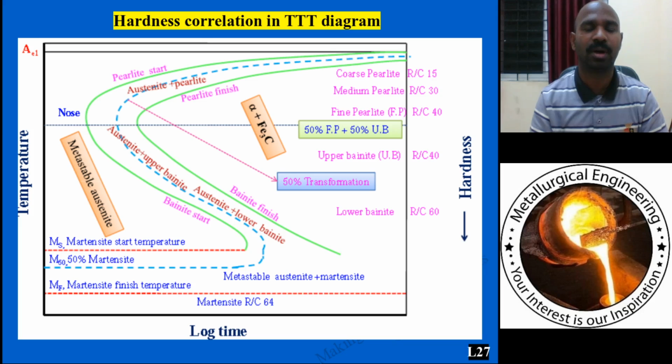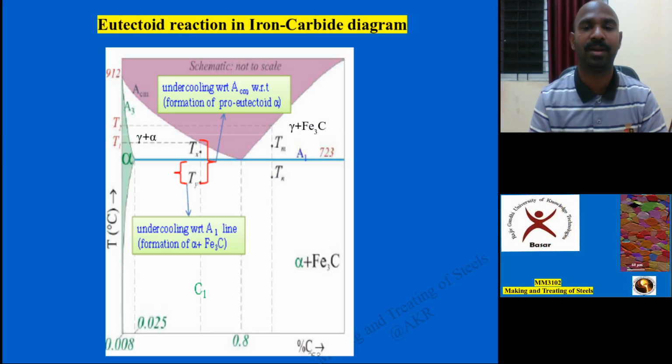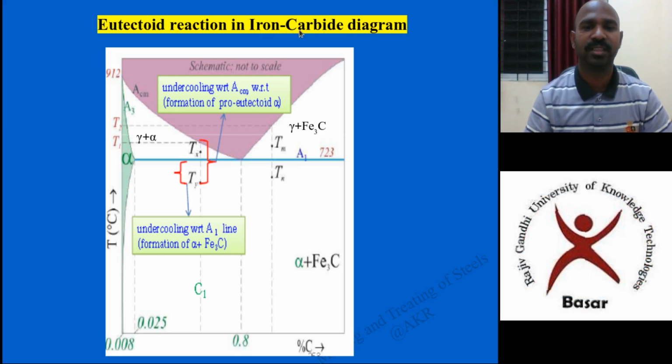The second part is this. Now I am taking one example of the eutectoid reaction. This is around 0.8% carbon, the eutectoid reaction, as shown in the iron carbide diagram.